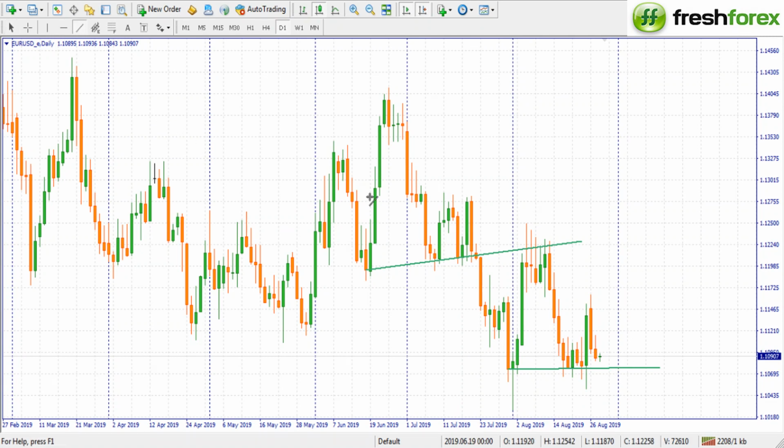So wait for maybe a bounce like this so that you buy it upwards, or you could wait for price to break below, then just a retracement so that you sell it. But based on the fact that the previous day was a pin bar, the move to the lower side is highly likely. We are likely to see some very big move to the lower side, and if that move makes price close below this trend line, then that means tomorrow we are continuing to the lower side.